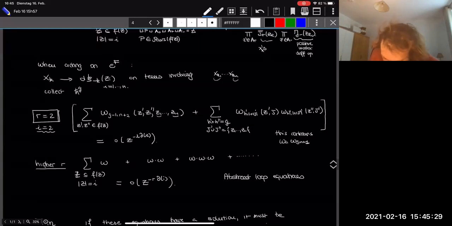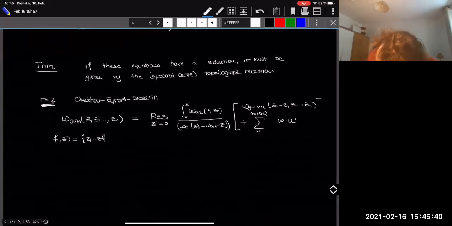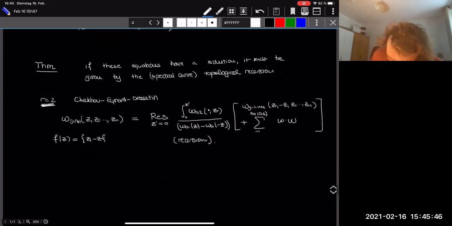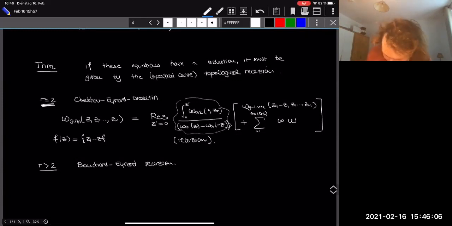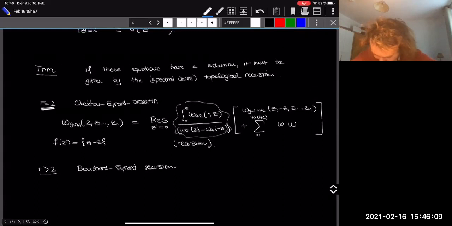And you precisely want to use that to isolate omega g, n plus 1 and compute it in terms of the omegas that you know from induction. And so this is a recursion. And for higher r, this is the Bouchard–Eynard recursion. There's also a similar recursion kernel. Now there's a sum over I as well. But the idea is the same.